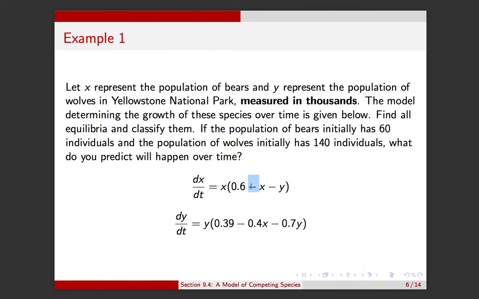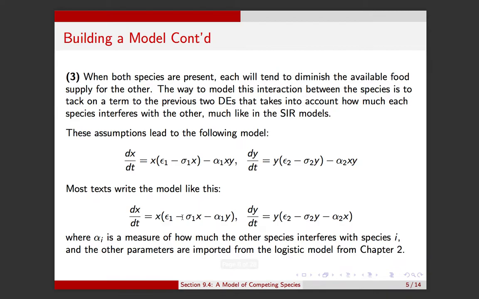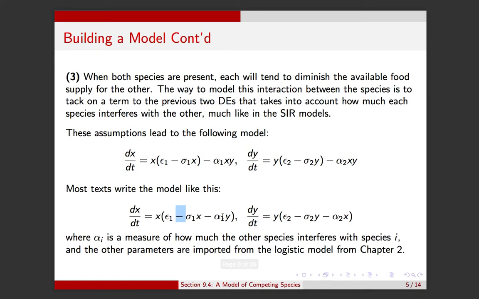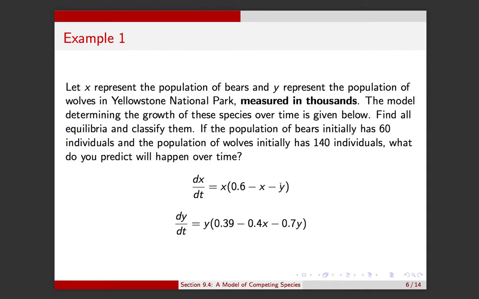So sigma 1 is assumed to be 1, so the minus is baked in, and then alpha 1 is assumed to be 1 also. Anyway, in practice, you try to estimate those by looking at some data. We're skipping that step for now. Also worth noting, things are measured in thousands so that the numbers stay manageable.